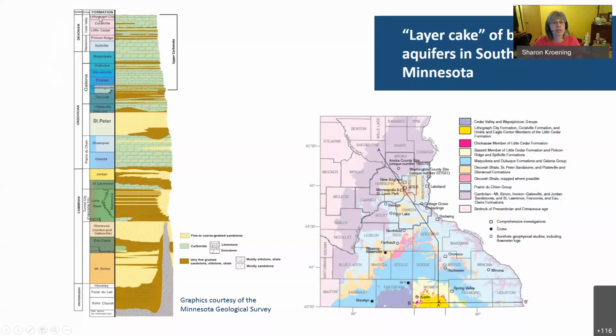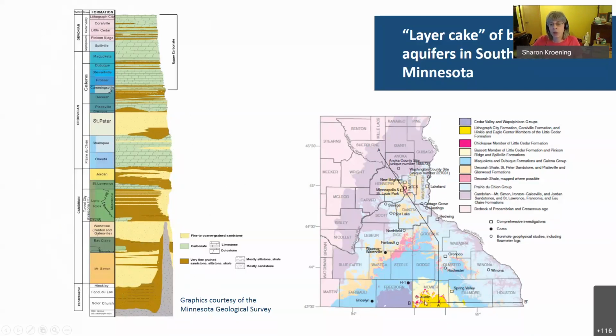Each of these little boxes here shows a different geologic unit, and many of these are aquifers and contain water. As you can see, there's just a whole layer cake of bedrock aquifers in southeastern Minnesota, which is one part of the state where there's just vast amounts of groundwater.